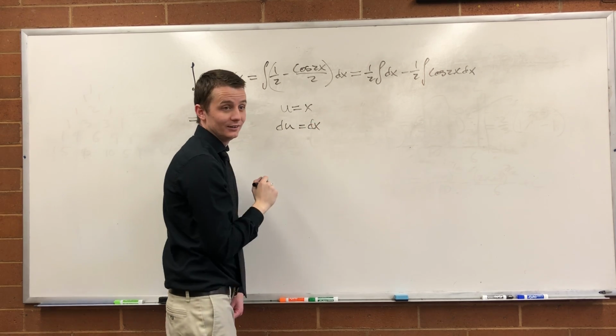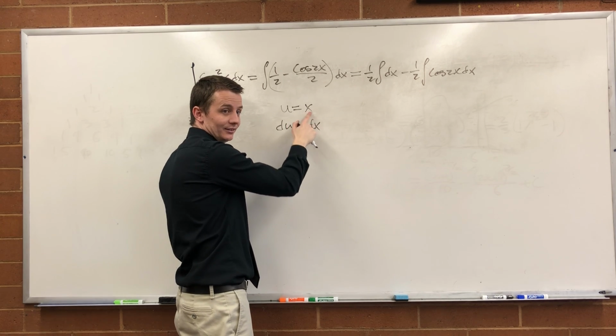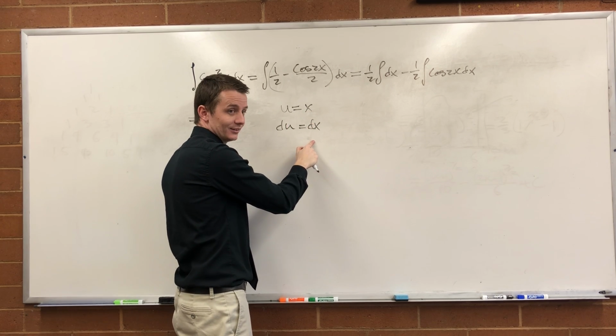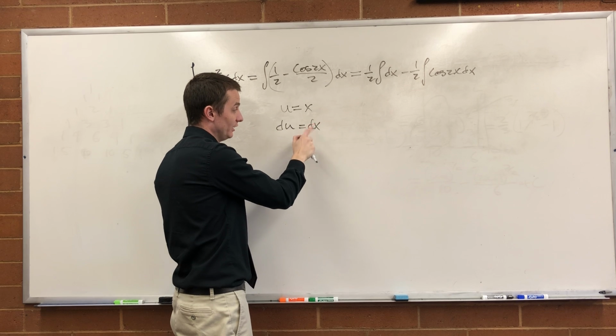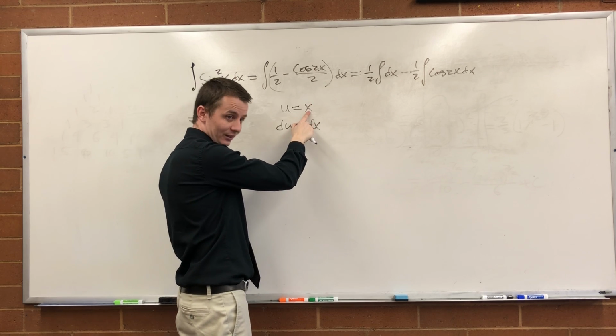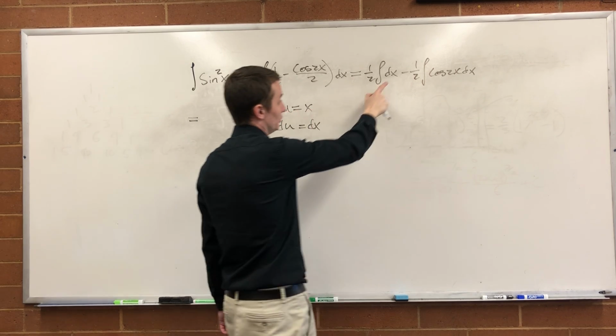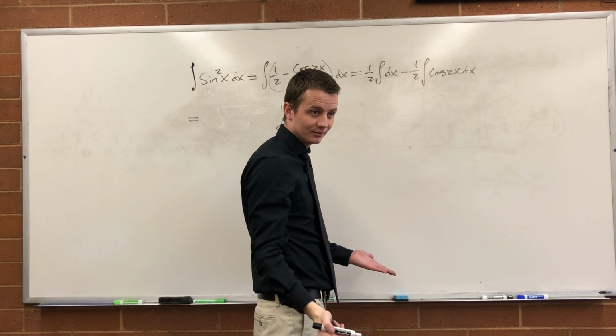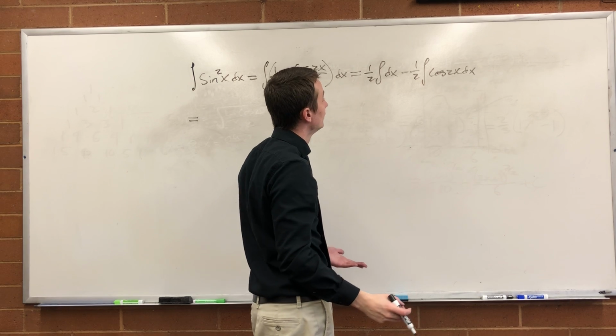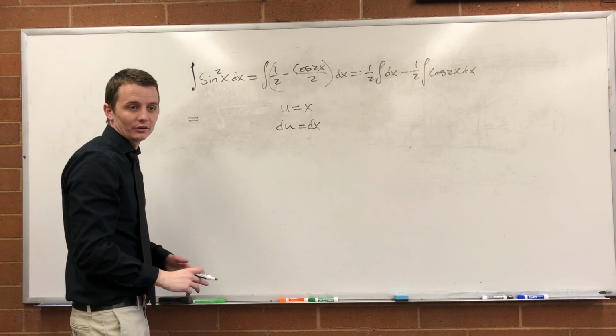So the derivative of x is dx. So the integral of dx is x. The integral of u is u. The integral of dx is just x. So it's x over 2. Oh, so the whole thing's x over 2.